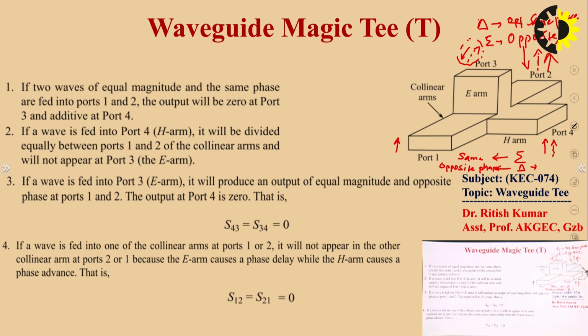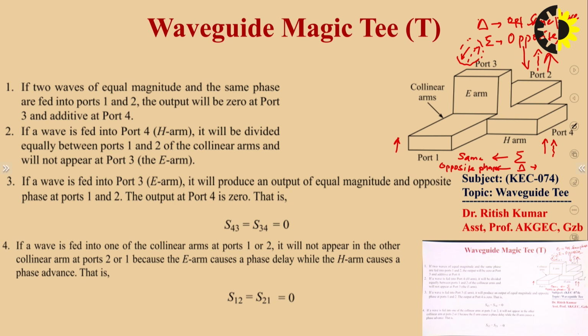You can clearly observe here that I have written all the points clearly. Is everything clear to all of you? You can see here these E arm and H arm are both perpendicular by nature, and the E field is also perpendicular to the H field. That's why both are cross coupled with each other. If you apply the input at port number 3, you will not get anything at port number 4.